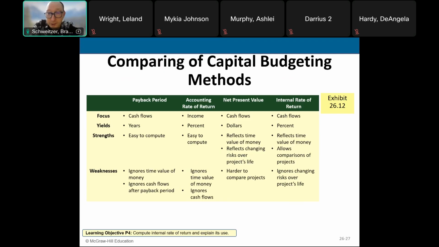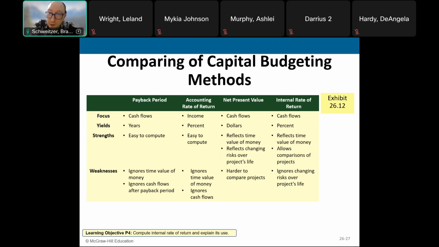It is difficult to compute without a financial calculator or one of those fancy indexes, but it's probably the most accurate. The payback period is super easy, so is the accounting rate of return, but they ignore time value of money. They ignore actual cash flow. So that's why I think net present value is probably the best.